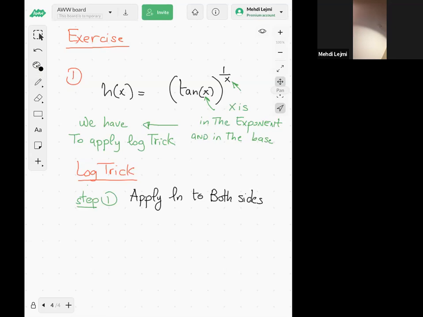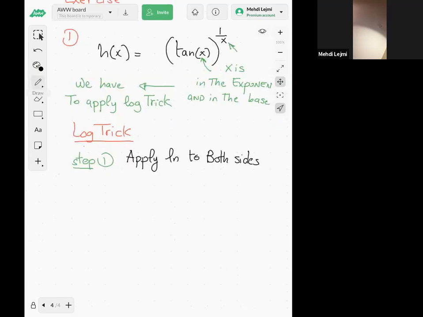Okay, so on the left side, I have h of x, and on the right side, I have tangent of x to the power 1 over x. Okay, so I'm going to apply natural log to the left side, natural log of h of x, and then natural log of this tangent to the power 1 over x.